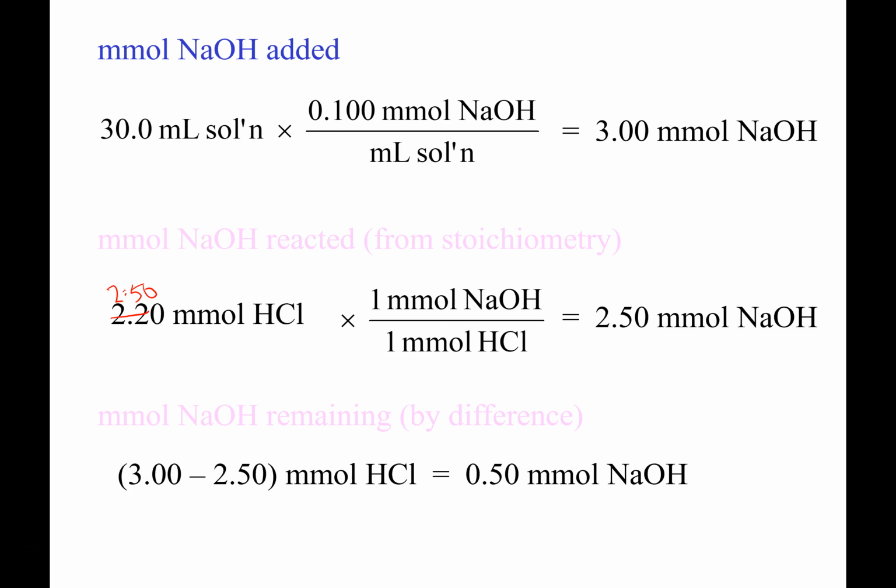Sorry guys, this should be the final answer. That'll give me 0.50 millimoles of NaOH. And I'm almost done. So that's the excess millimoles of NaOH we have at that point in the titration.